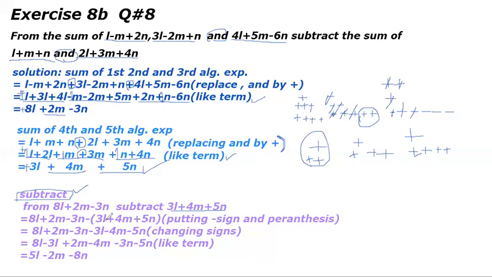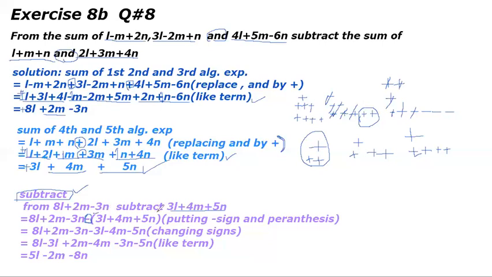Before writing the next algebraic expression, you have to put this negative sign because you are doing subtraction. And the most important thing is that you have to write this algebraic expression which you have to subtract from the other algebraic expression. You have to write it in the parentheses.